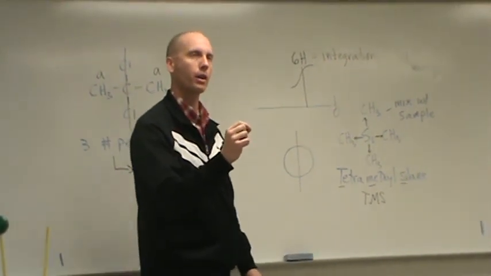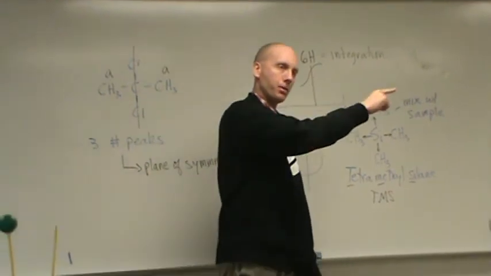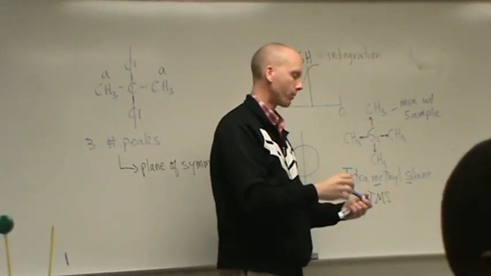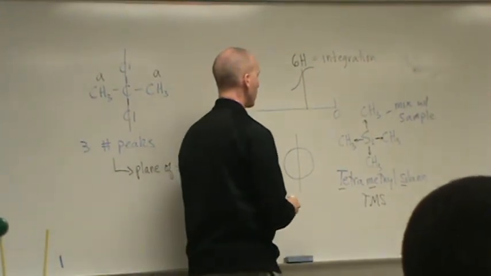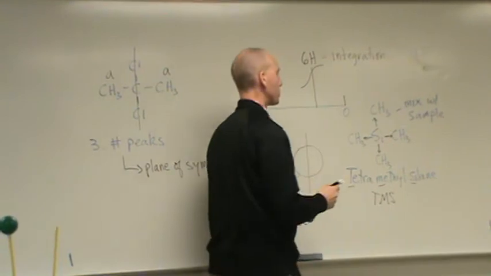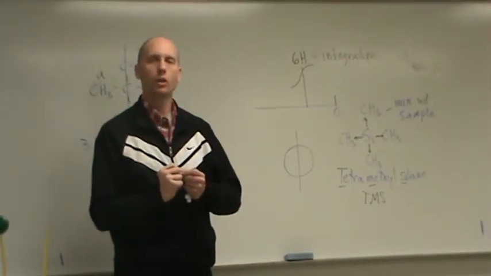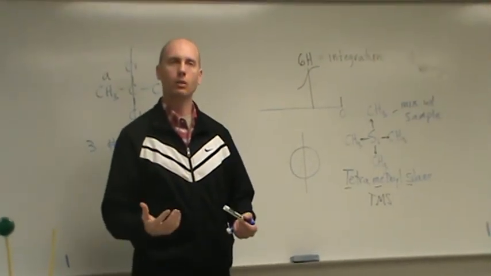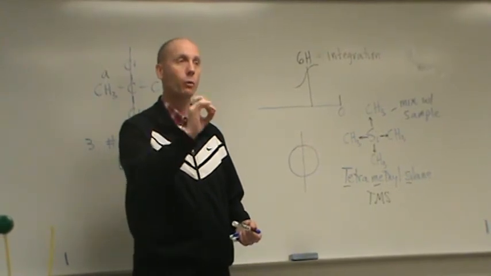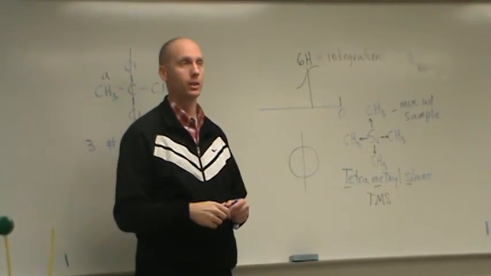What? Very far where? Upfield, right? Because it's very shielded. Okay? And what we do is we're going to assign that a value of 0. So in all the NMRs that we'll see, we're going to see a tiny little singlet at 0, and we know what it is, and we can just forget about it.